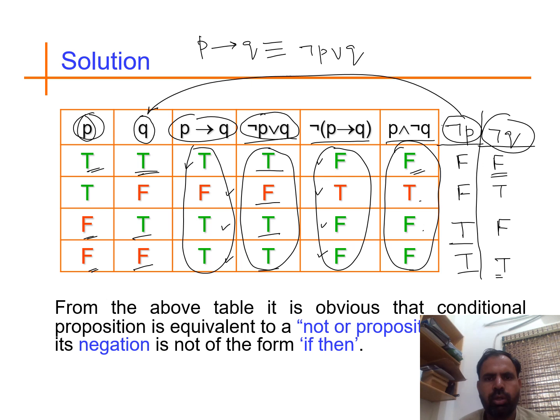Negation of P or Q. In this table, negation of P is this, negation of Q is this, negation of P or Q. Negation of P implies Q, negation on this column, and P and negation Q. From the above table, it is obvious that the conditional proposition is equivalent to a not-or proposition. Its negation is not of the form if then.